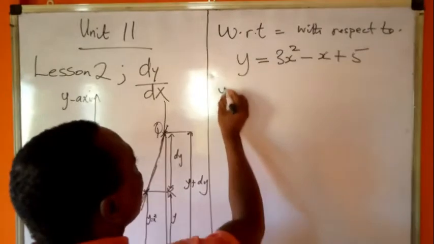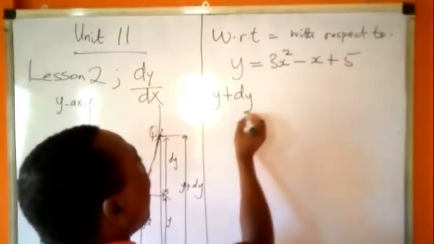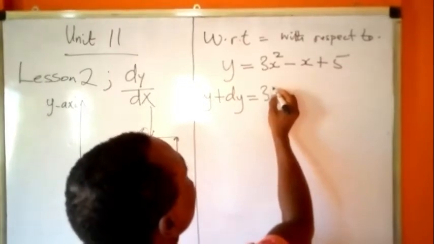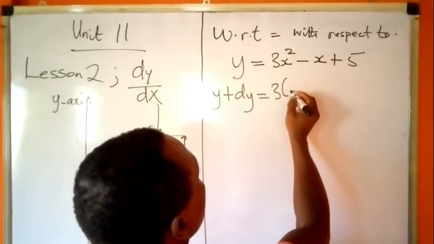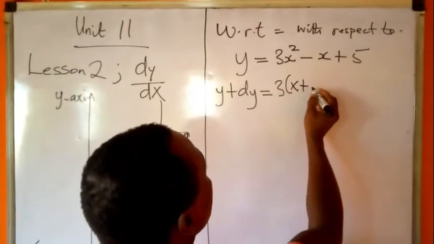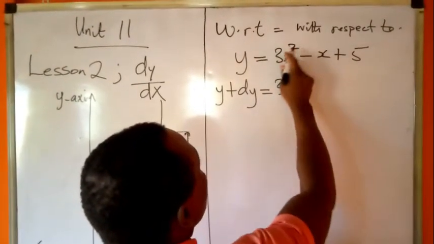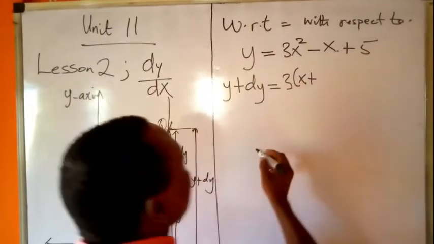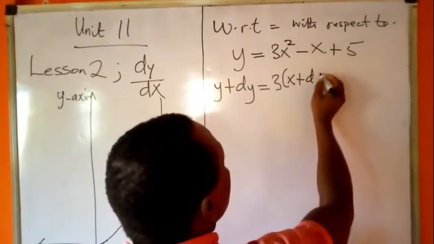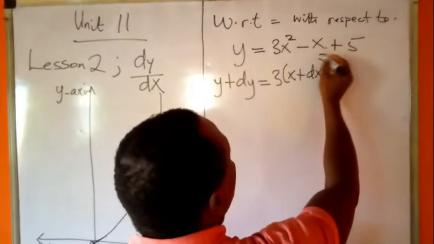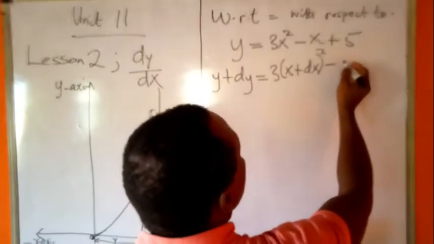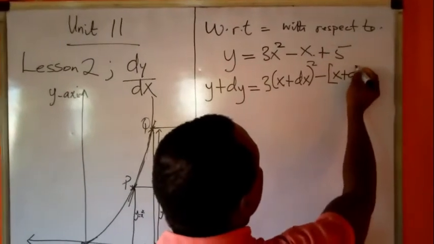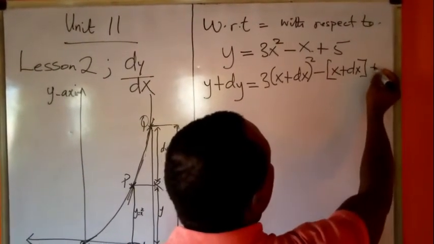It now becomes y plus dy is equal to 3 into x plus dx all squared minus x plus dx plus 5.